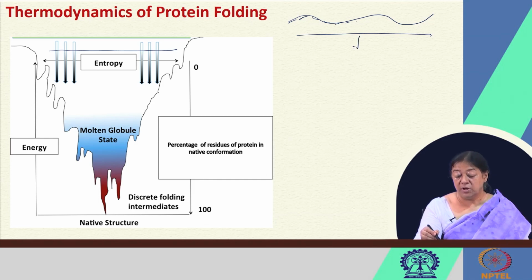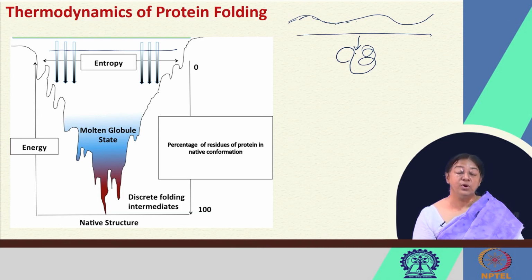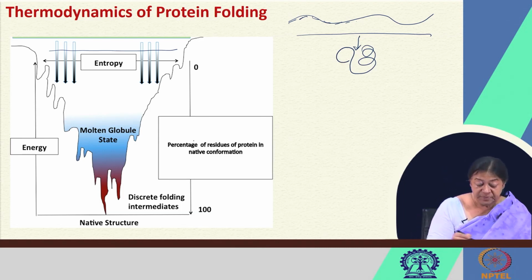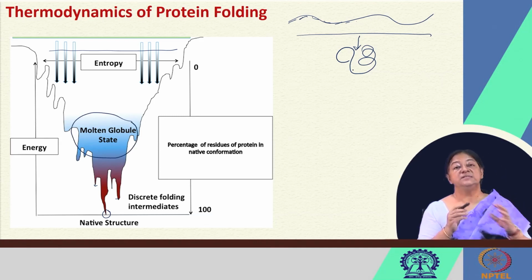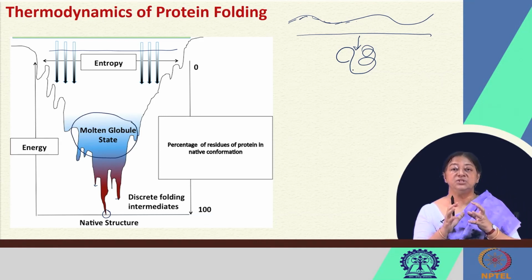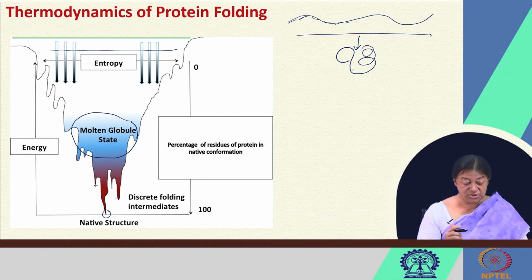So, this protein molecule is now going to fold into a compact form and it is going to form a native structure. This native structure gives you different folding intermediates in between, a molten globule state, which says there are some elements of condensation, in the sense that some nucleation occurs where some beta strands form beta sheets, a part of a helix and so on and so forth, and then we have the compact native structure.